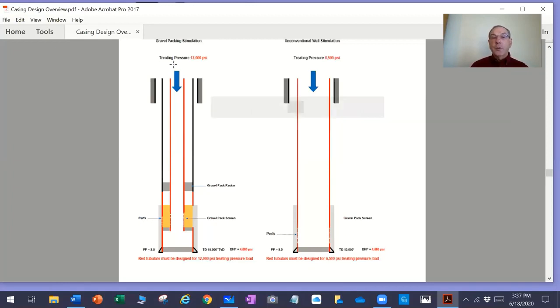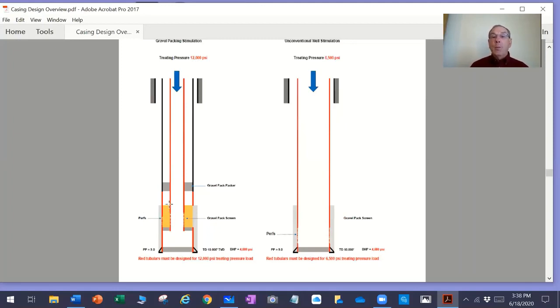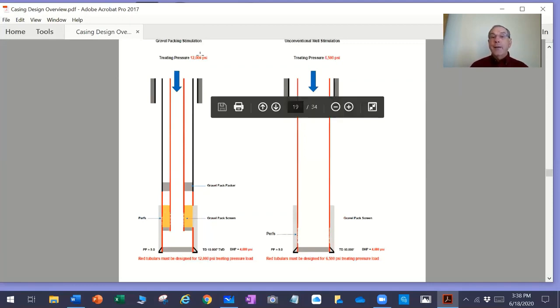It has a crossover tool, so this sand-laden fluid comes down the inside of this treating string, goes outside through the gravel pack packer, and down through the outside. When screen out occurs, the pump rate goes from 11 barrels per minute to 0. There's no more pumping into this formation, and when the treatment rate goes from 11 barrels per minute to 0, frictional pressure loss goes to 0.